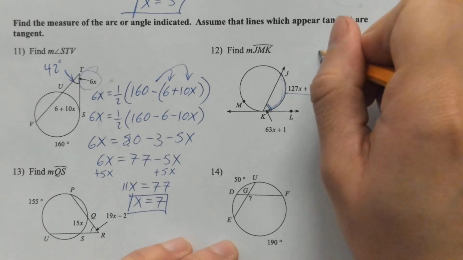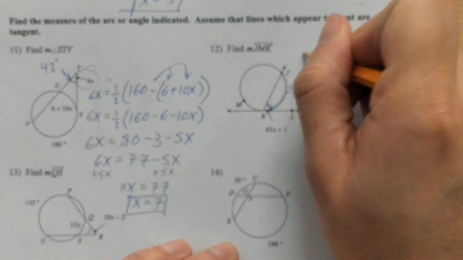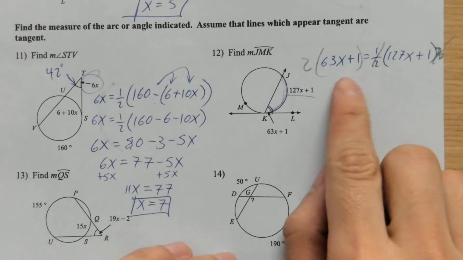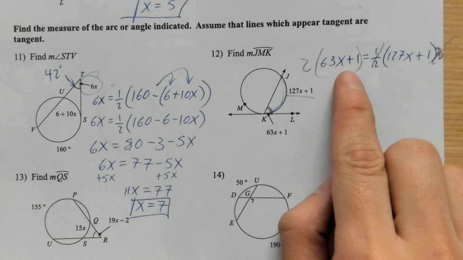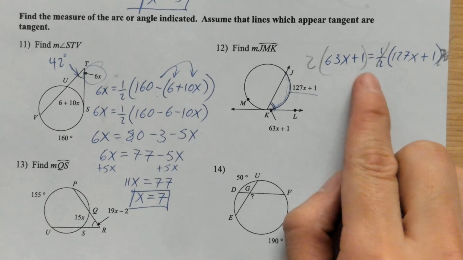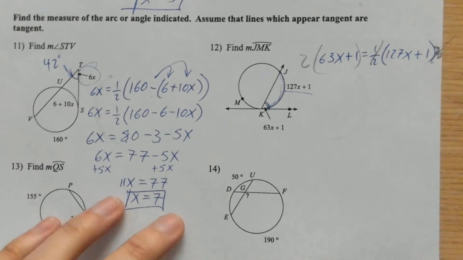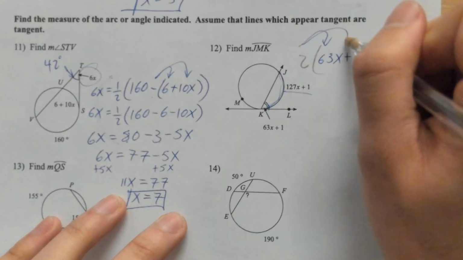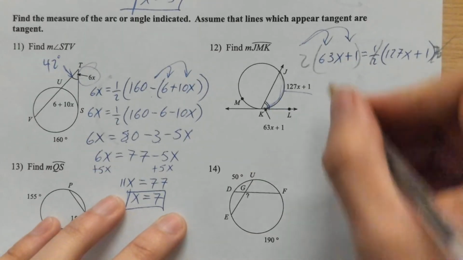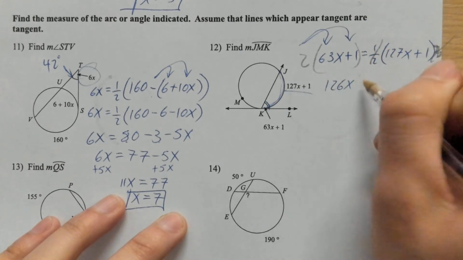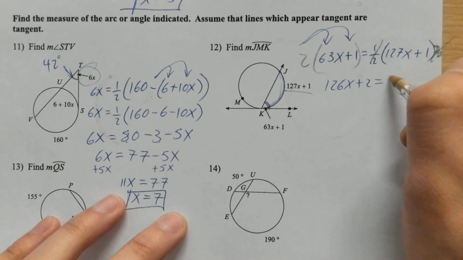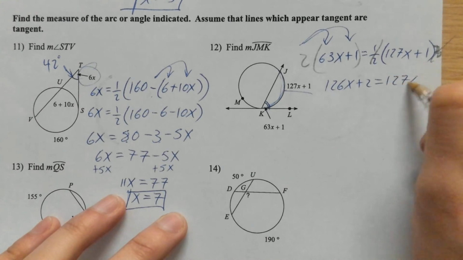And then on this side, I also need to multiply by 2. Now here's the thing, if you have more than one term on the left side and you are multiplying both sides by 2, this whole thing has to be multiplied by 2. So the 2 has to be distributed to this whole thing. So it'll become 126x plus 2 equals 127x plus 1.